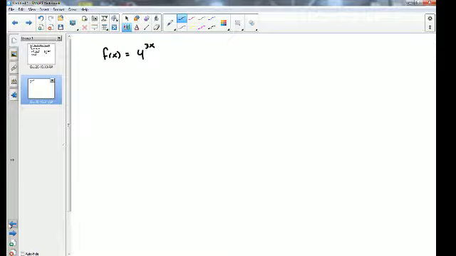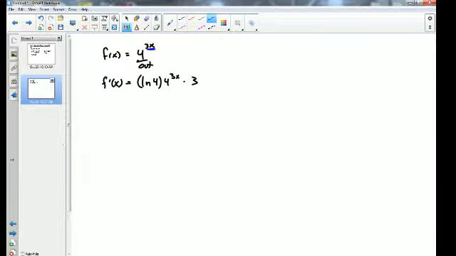Okay, f prime of x equals. So it's a chain rule, right? The outside function is still the exponential. So ln 4 times 4 to the 3x, times the derivative of the inside, 3.